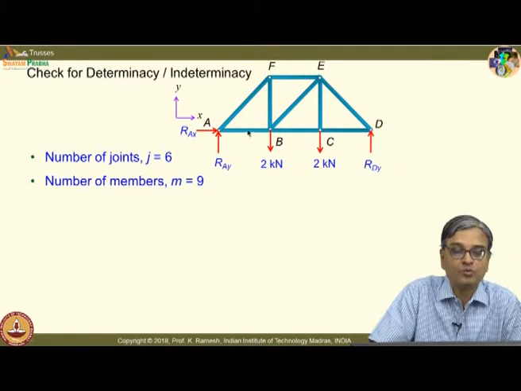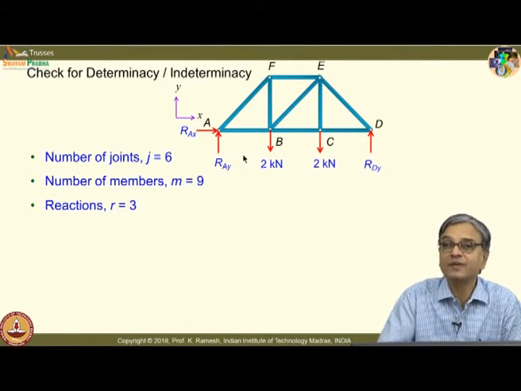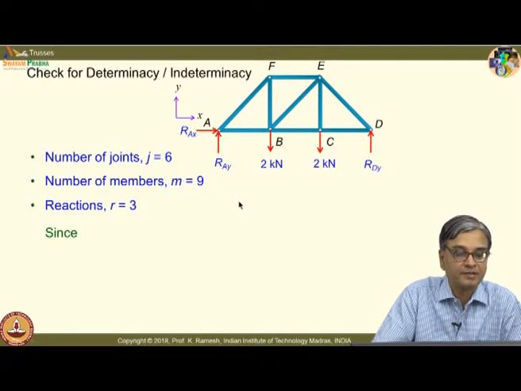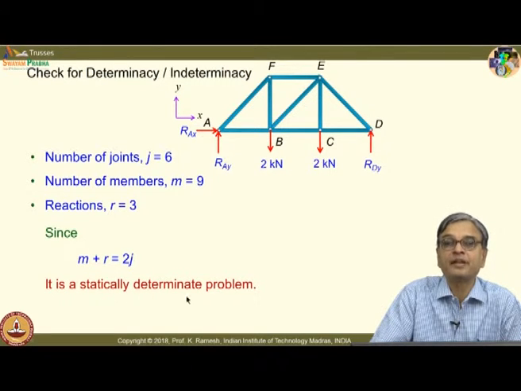I have 1, 2, 3, 4, 5, 6 joints, and members are 1, 2, 3, 4, 5, 6, 7, 8, 9 members. I have 3 unknown reactions, and does it satisfy m plus r equal to 2j? It does satisfy m plus r equal to 2j. Since m plus r equal to 2j, I can say that this is a statically determinate problem.